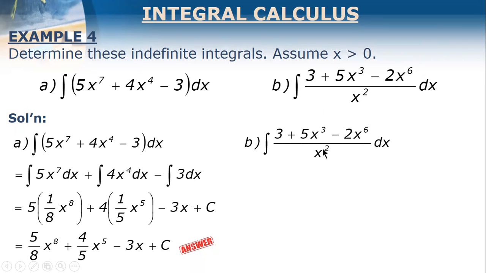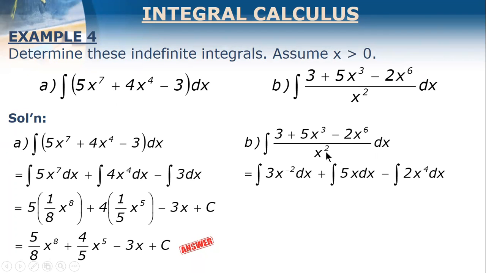And then 5x cubed over x squared, using the law of exponents, x cubed over x squared cancels, so just x. And then the third term, 2x raised to 6 over x squared, by the law of exponents, is just x raised to 4.